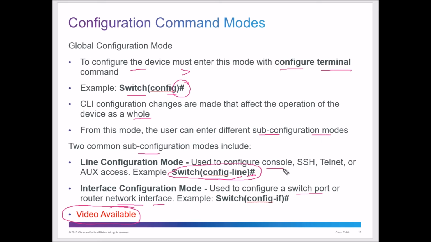So we can configure the console line, the SSH line, telnet, or aux access, and then we can move over to the port lines where we're going to change our ports or our network interface. So you have config line and config if.